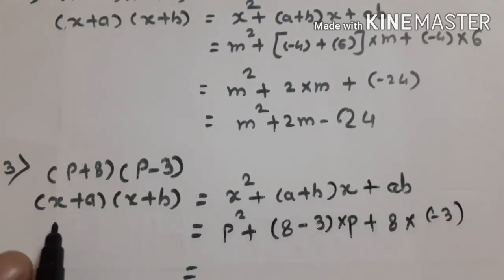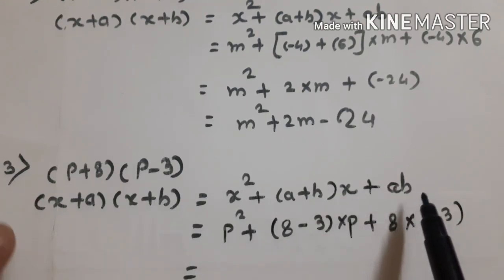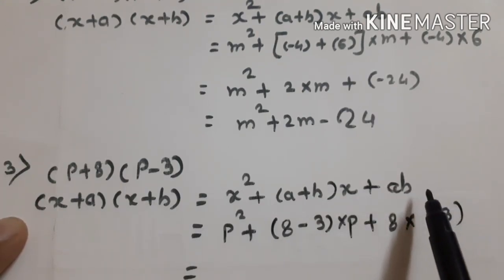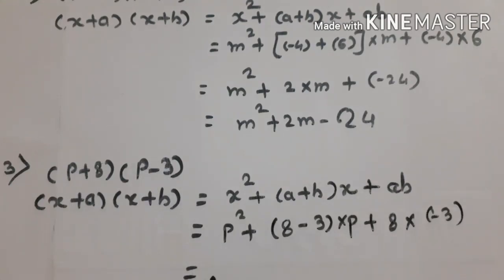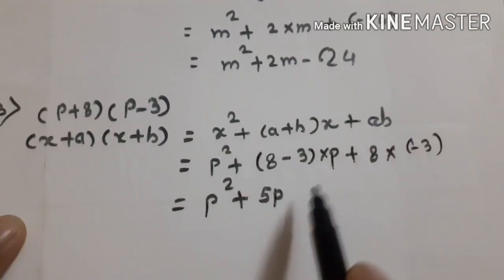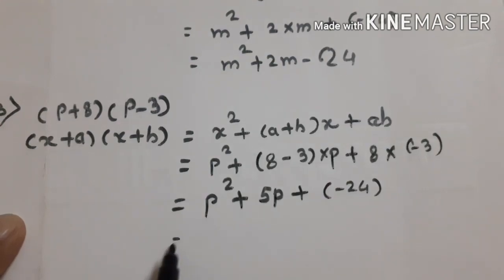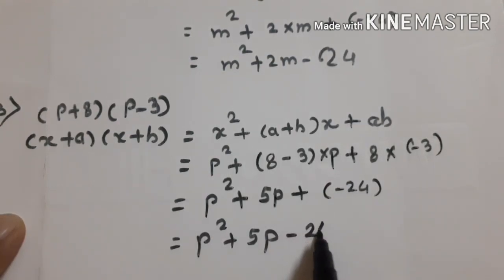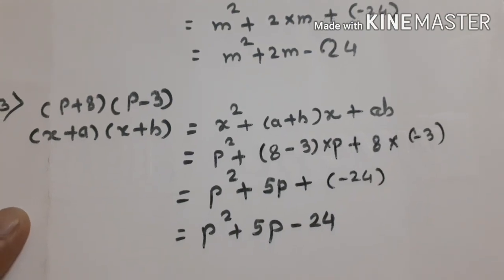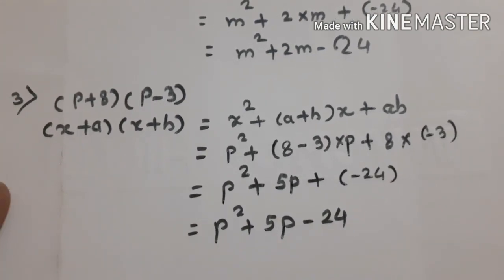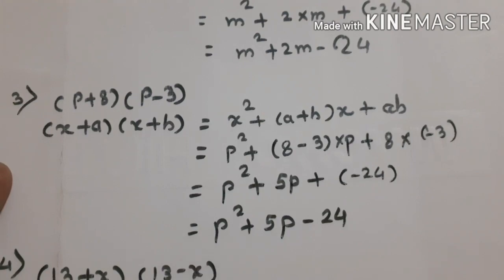First learn this formula carefully and put in the given values. p square plus 8 minus 3, which is 5p, plus 8 threes are 24. Therefore p square plus 5p minus 24. In this way.